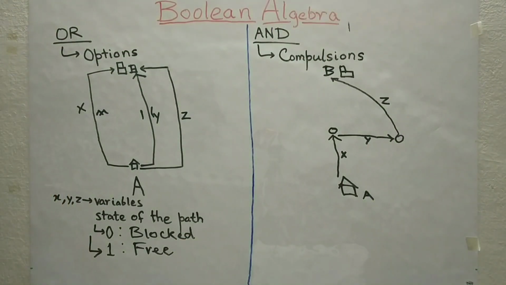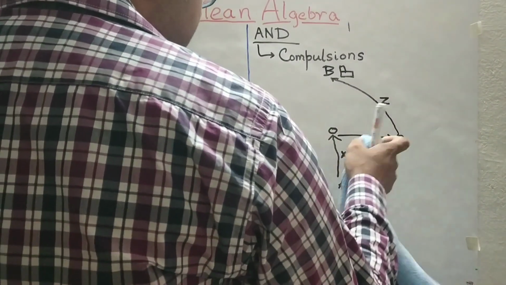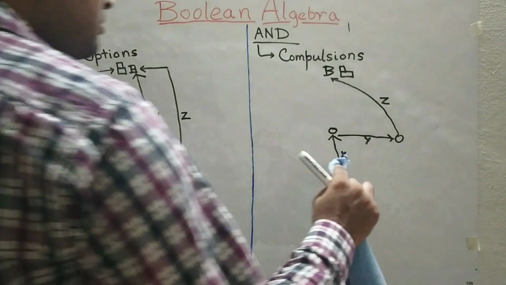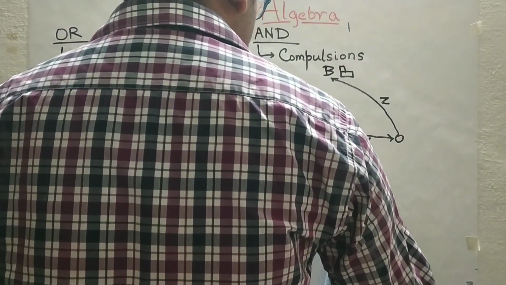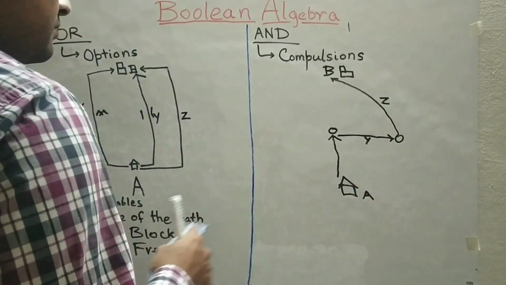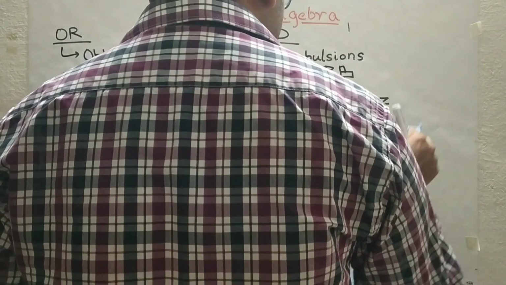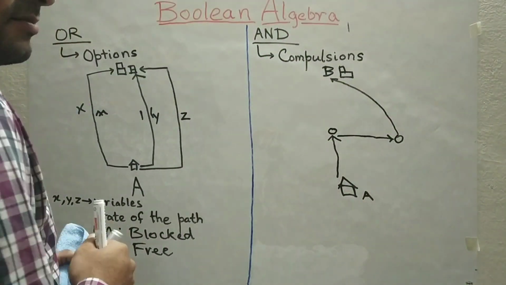Okay, now AND is compulsions, but there is no order in there. All these three paths have to be taken, but there is no order in there.